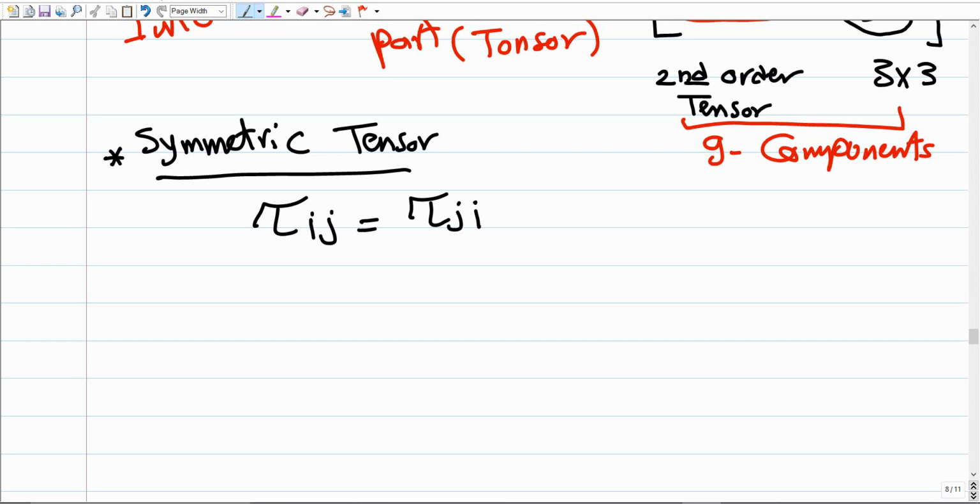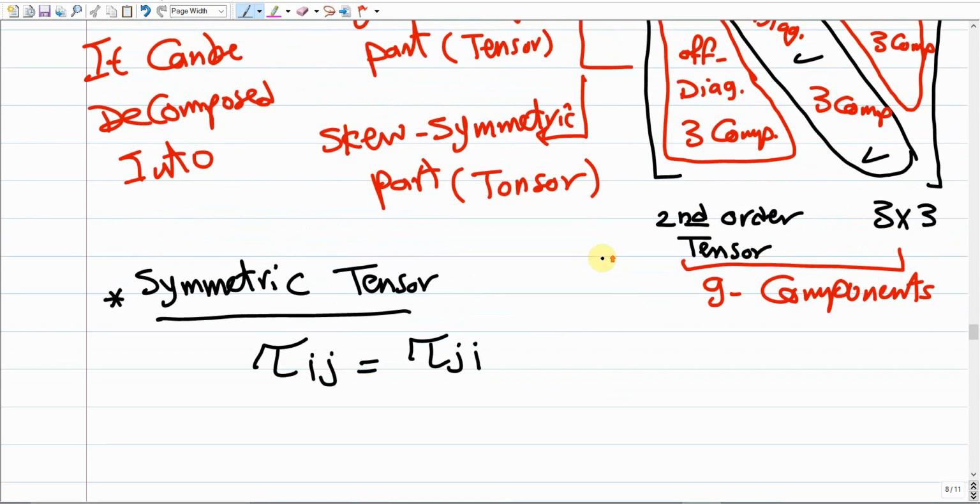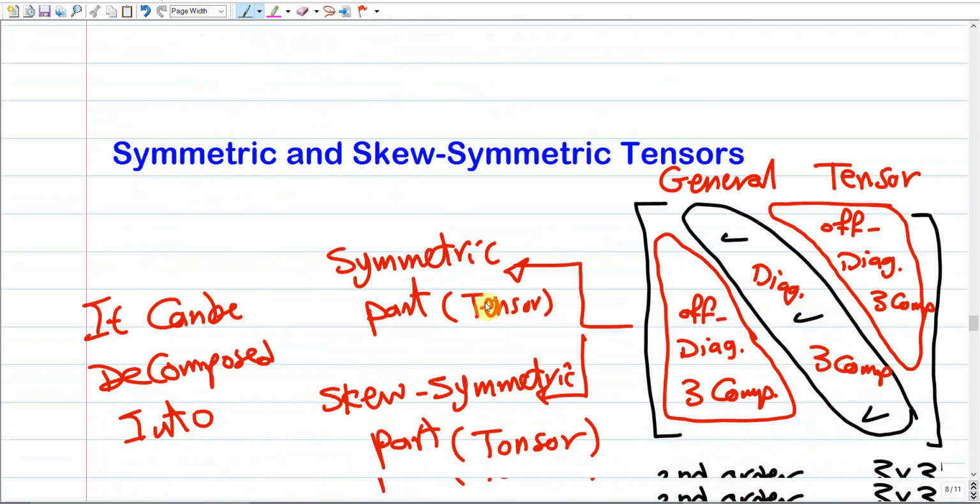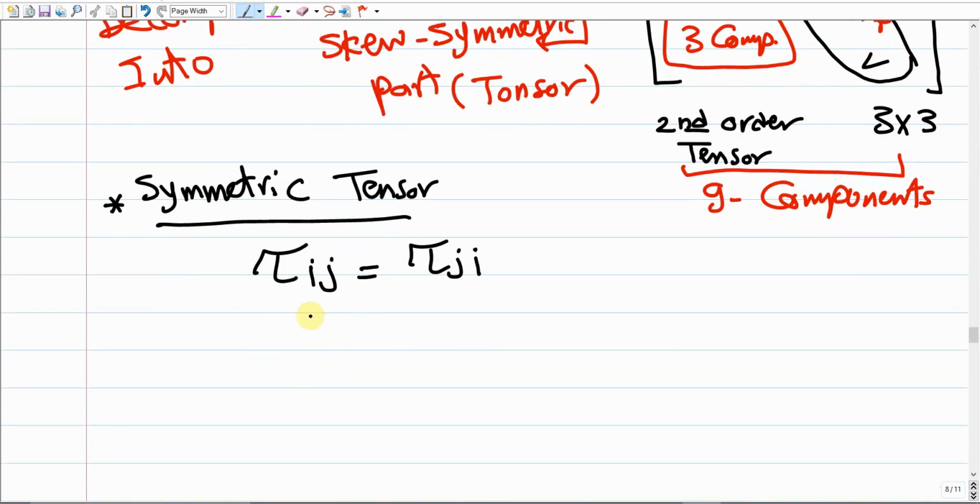Because if you switch positions between the two indices, like tau ij and tau ji, this gives us the transpose, as we discussed above. So the symmetric tensor is equal to its transpose. In case we have a tensor with this characteristic, we say that this tensor is a symmetric tensor.